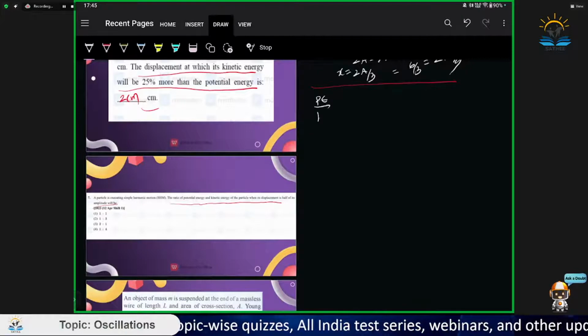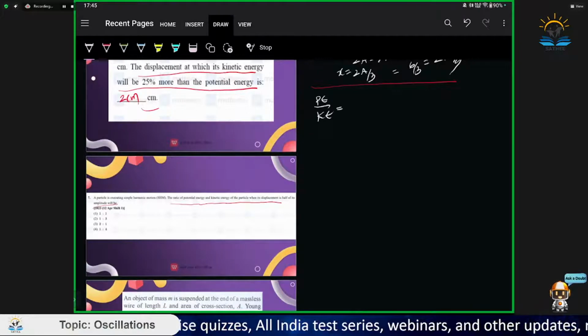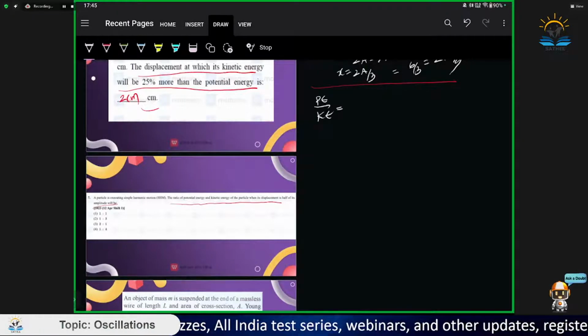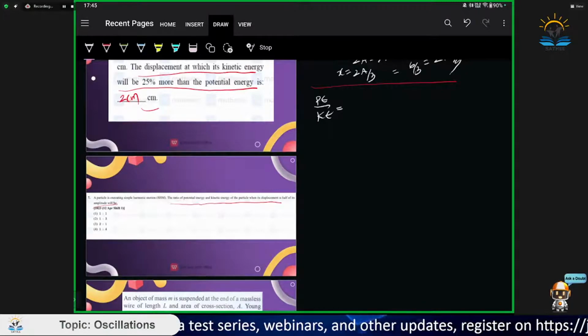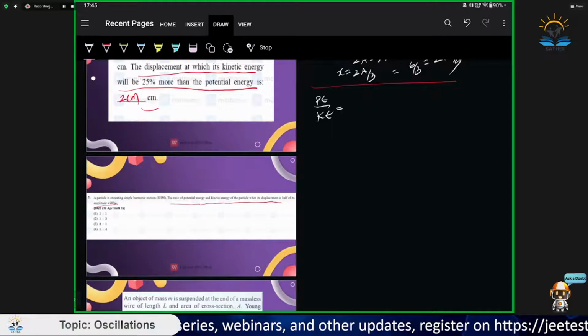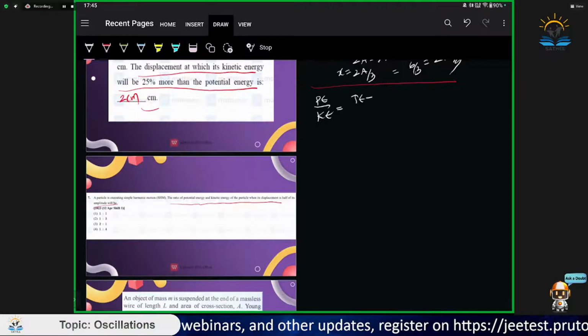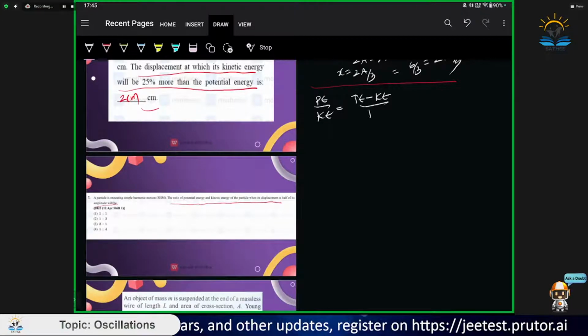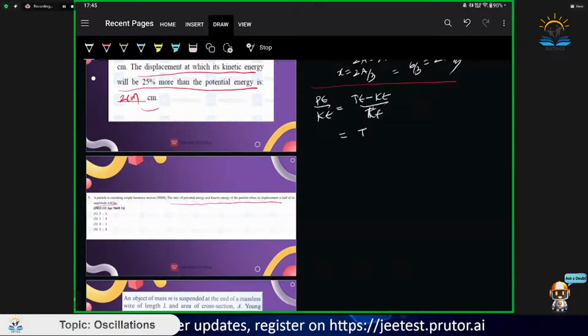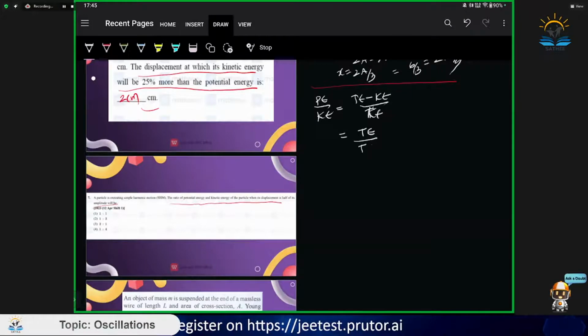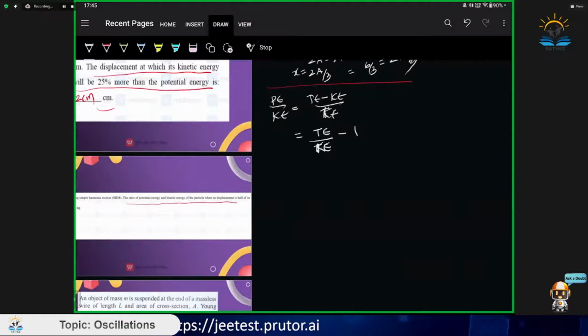Yes, we can write potential energy as total energy minus kinetic energy, divided by kinetic energy. This will be total energy divided by kinetic energy, minus 1, right?